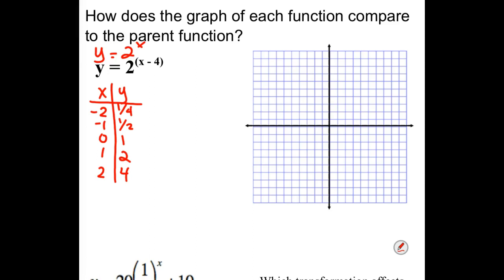So let's plot those. And what are we doing to this graph? Everybody, which way are we going? Right 4. Okay? So I can just shift these points all 4 to the right.